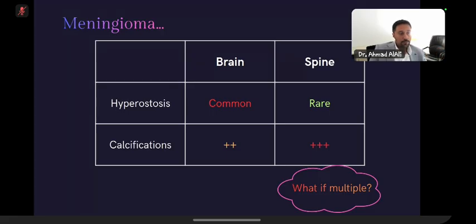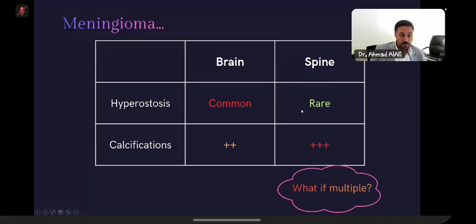So are there any differences between meningioma in the brain and in the spine that you might be asked about as well? In the brain, hyperostosis is more common in association with meningiomas rather than in the spine.